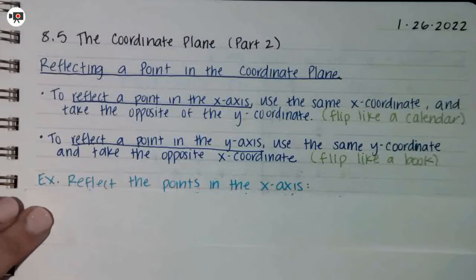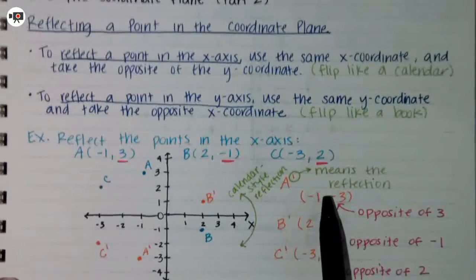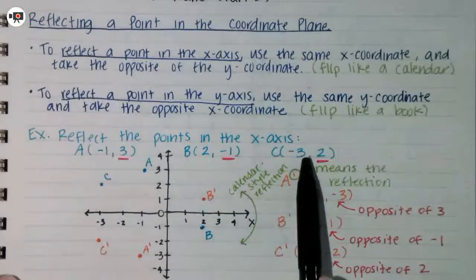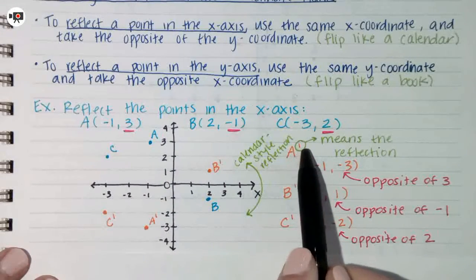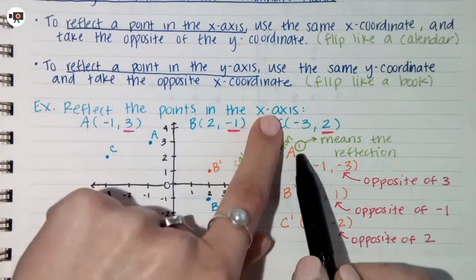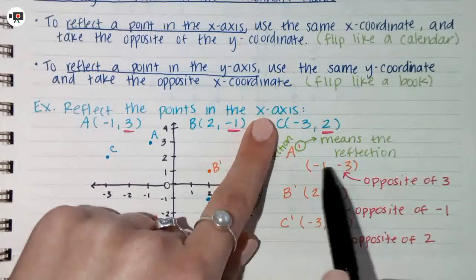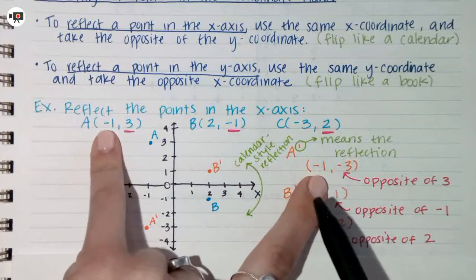So we're going to reflect the points in the x-axis. If I have my points A, B, C, I'm going to indicate that I have a reflection with this little apostrophe. This is called a prime. So I have A prime. If I reflect in the x, I keep the x. So from point A, keeping the x, -1 is still -1.